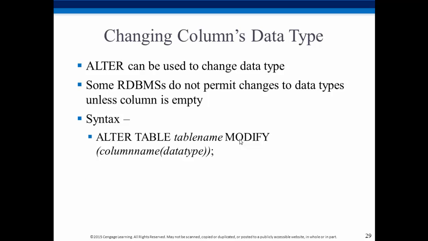Some relational database management systems do not permit changes to data types unless the column is empty. The basic command there is ALTER TABLE, table name, MODIFY column name and the data type. There's an example on page 271 where it's got ALTER TABLE PRODUCT MODIFY V_CODE CHAR(5).